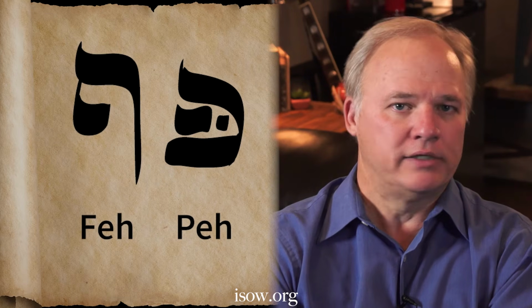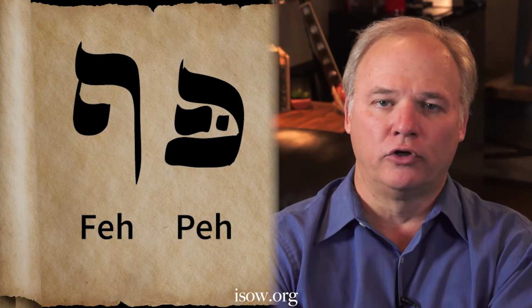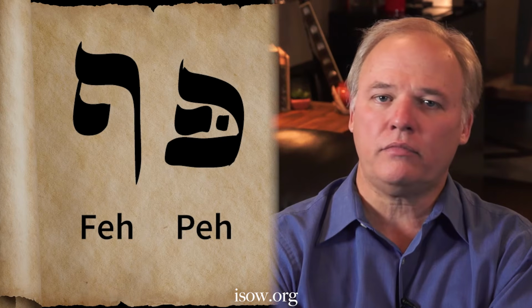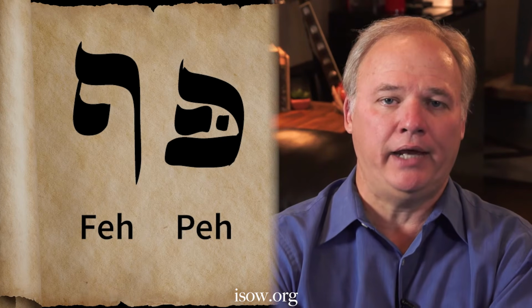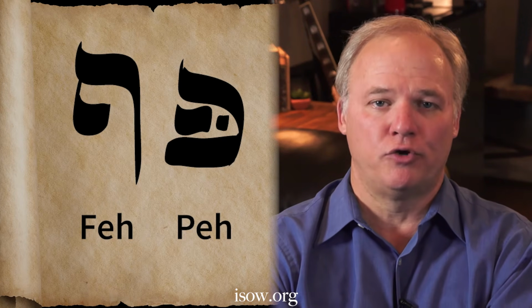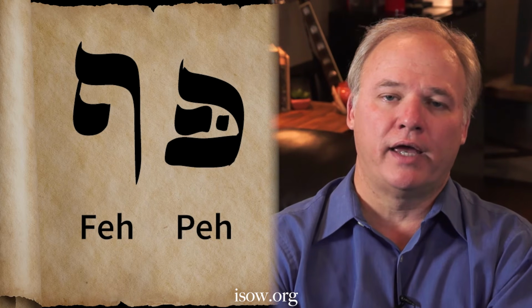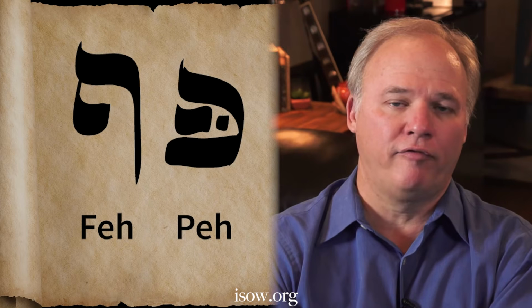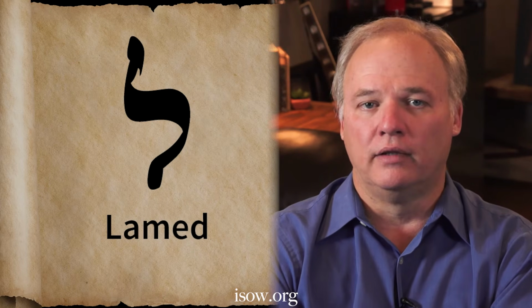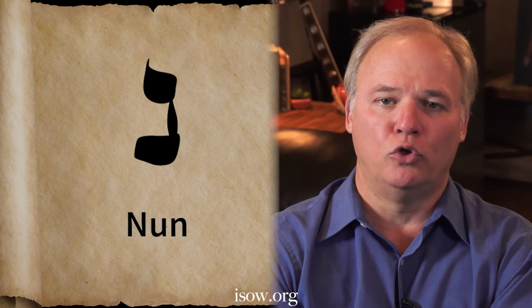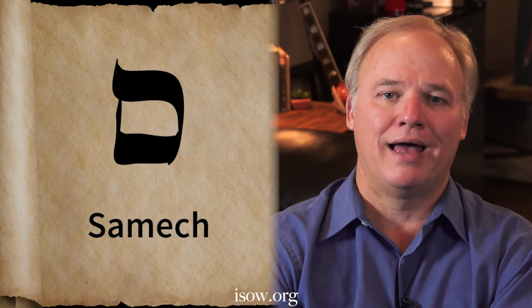But pe is also one of those letters that has a final form. And when it is at the end of the word, the look of the letter is quite different, but it's going to get that PH sound, as in Joseph. So going back to our second set of Hebrew letters, beginning with kaf, it's kaf, lamed, mem, nun, samech, ayin, pe.